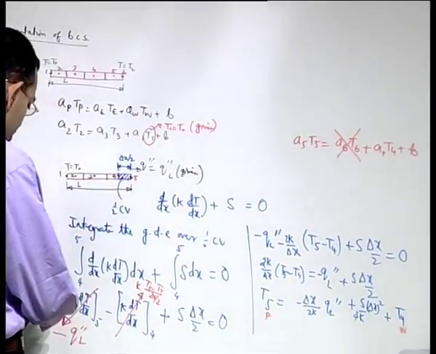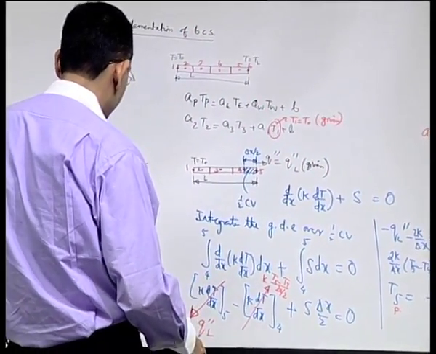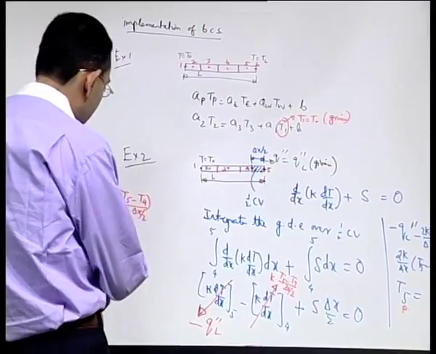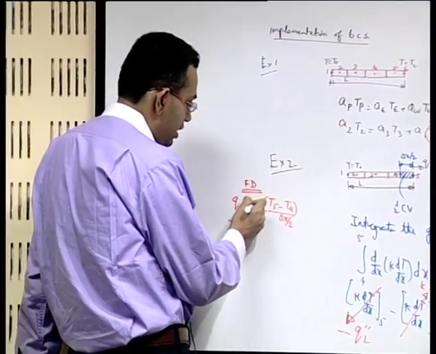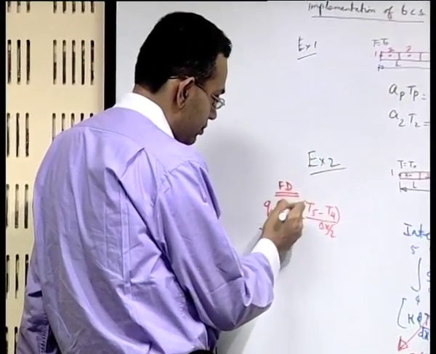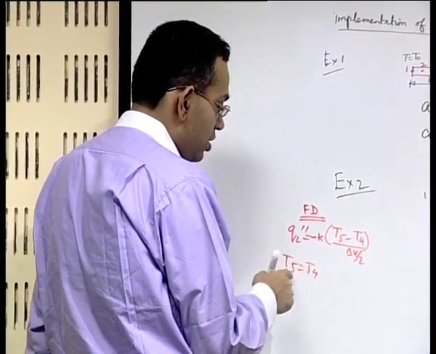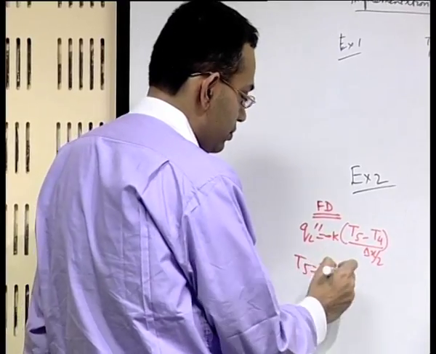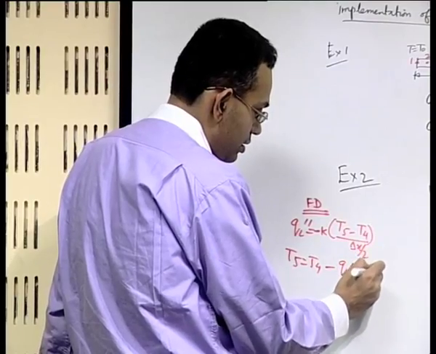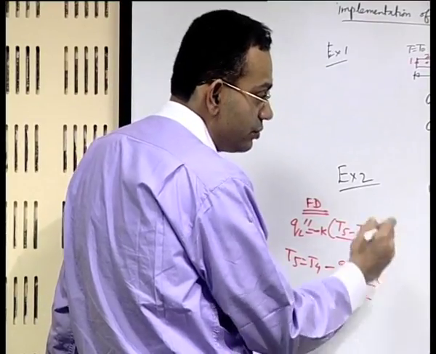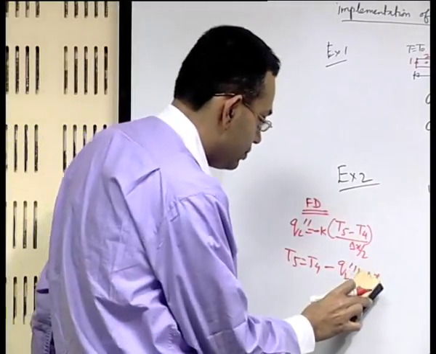So here, sorry, here minus k dT dx, right. So that was all right, here you have a minus k dT dx. So T5 is equal to T4 minus QL double prime times delta x by 2k.